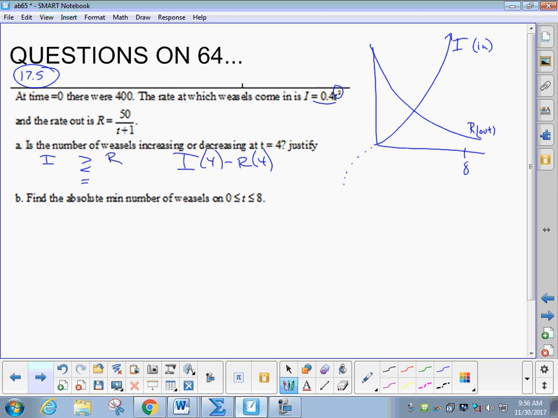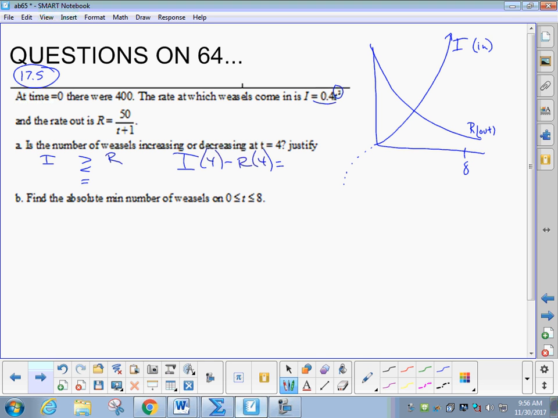It's a good idea to give evidence, not just say in is greater than out or out is greater than in. Depending on the year, there are AP times where if you don't give evidence, you will not get full credit. For example, if you just refer to the graph, saying the graph is above there, something like that.